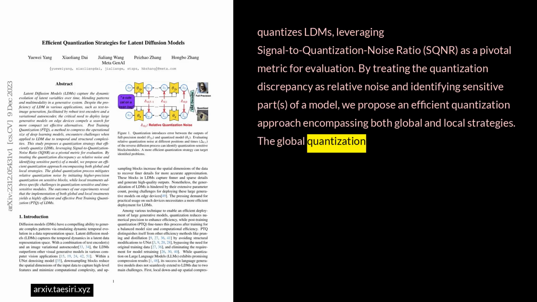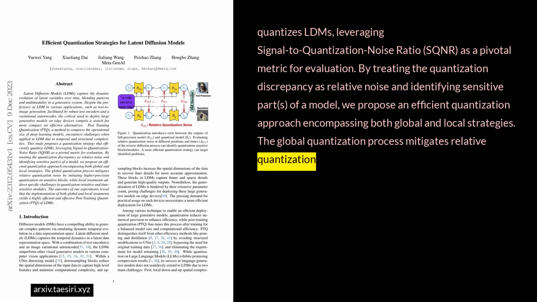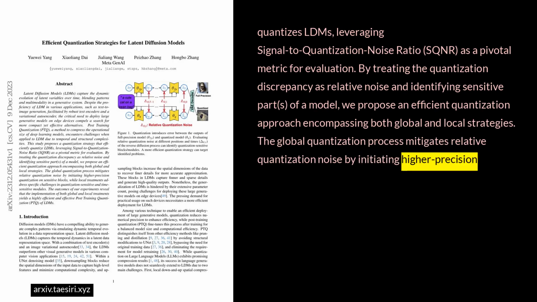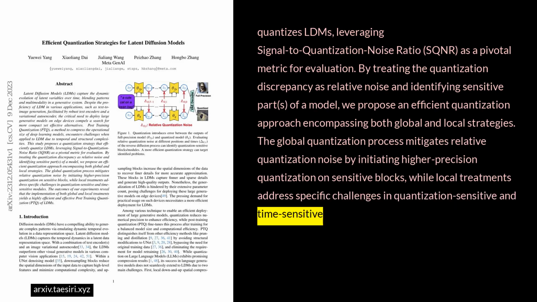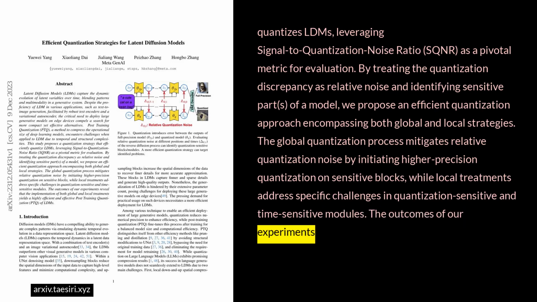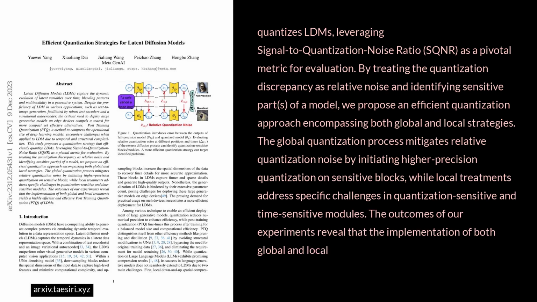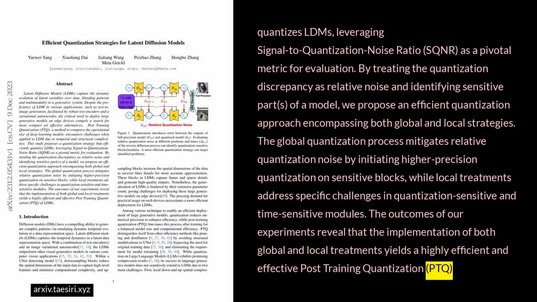The global quantization process mitigates relative quantization noise by initiating higher precision quantization on sensitive blocks, while local treatments address specific challenges in quantization-sensitive and time-sensitive modules. The outcomes of our experiments reveal that the implementation of both global and local treatments yields a highly efficient and effective post-training quantization (PTQ) of LDMs.